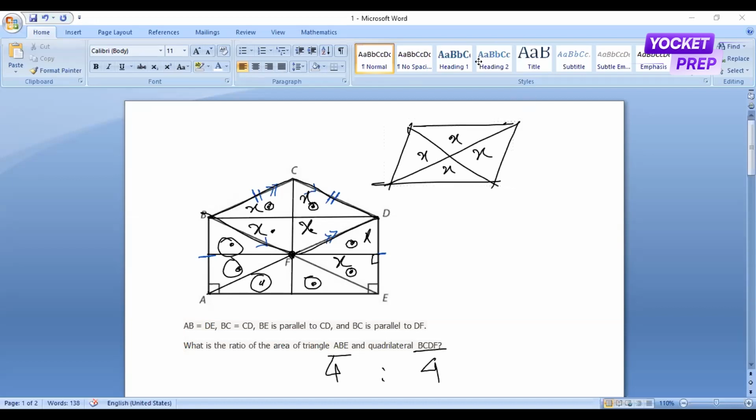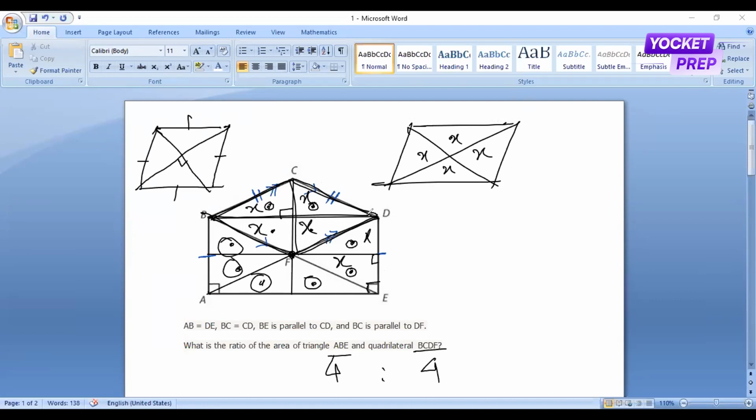Does not matter how you draw. So it's a parallelogram. In fact, this will become a rhombus because the diagonals are perpendicular. I am not getting into all that stuff. In a rhombus, what happens? All sides are equal. And the additional property is that the diagonals will be perpendicular to each other.